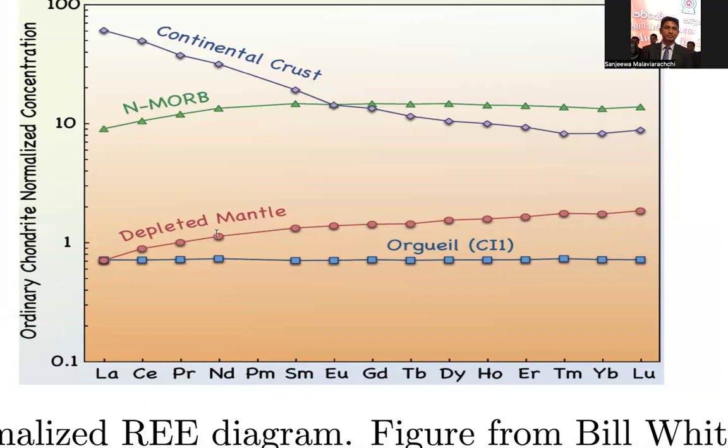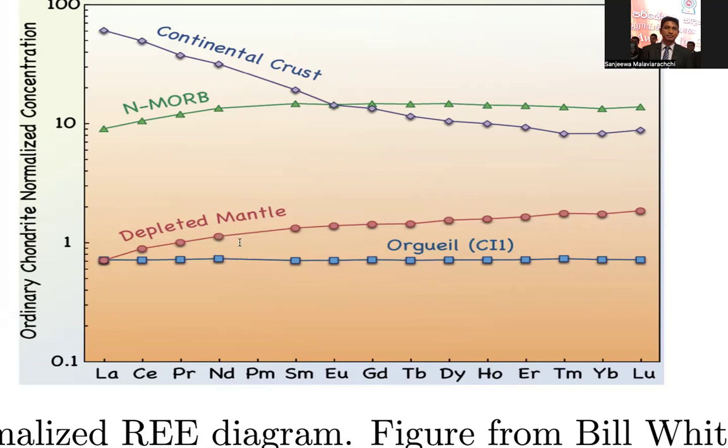Around one, these values are recorded, right? That means middle to heavy rare earth elements. It's variable between, I mean, one or two, like just around one, right? But the depleted, the light rare earth elements are below one.